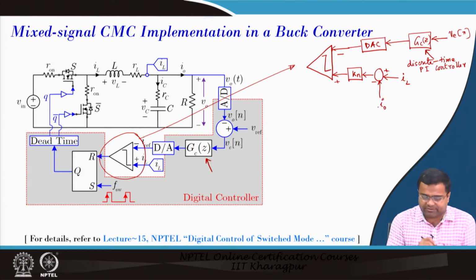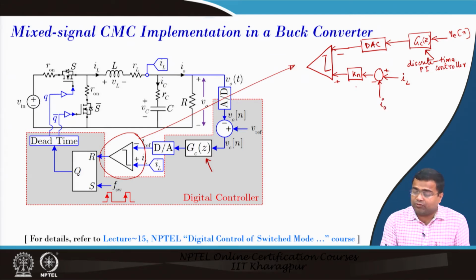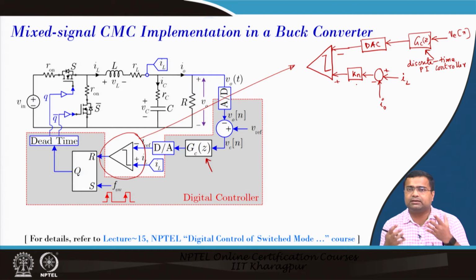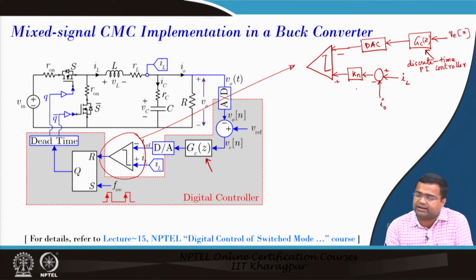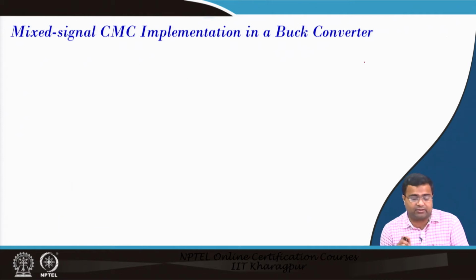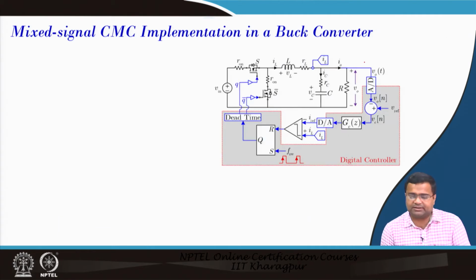So, this is the modified representation, and we have discussed that if we scale down the proportional gain, because we need to consider the realistic or practical constraint, then we also need to attenuate this feedback loop, and this Kn will be replaced by the attenuation factor that we discussed in the previous slide.